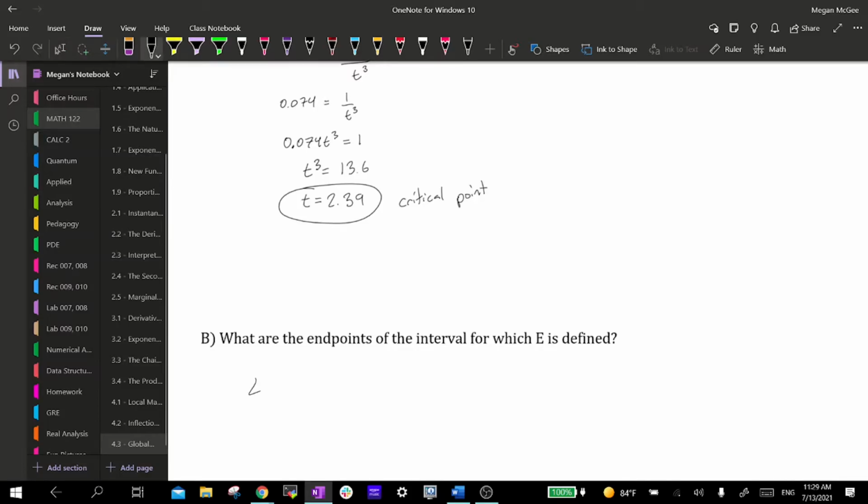Okay, so there's 24 hours in a day. So it would make sense that our interval should be 0 is less than or equal to t is less than or equal to 24, because you'll go from the 0th hour to the 24th hour and then start over again.